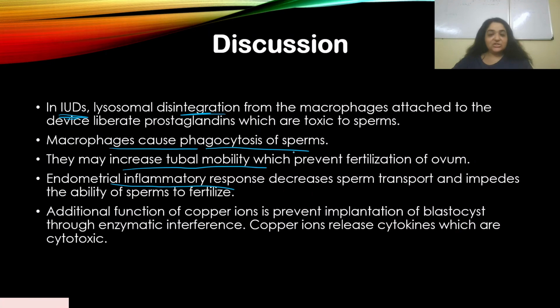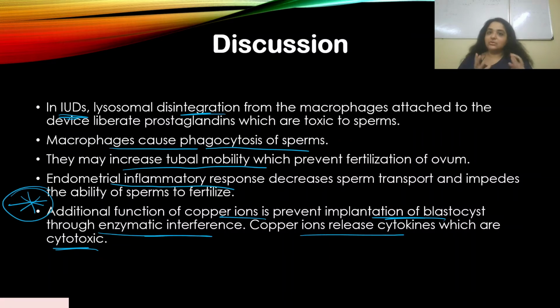Now, an additional function of copper ions, which I suggest you note down in your notebooks, is to prevent implantation of the blastocyst through enzymatic interference. The copper ions release cytokines which are cytotoxic to the blastocyst, and they also help prevent implantation of the blastocyst in the uterus.